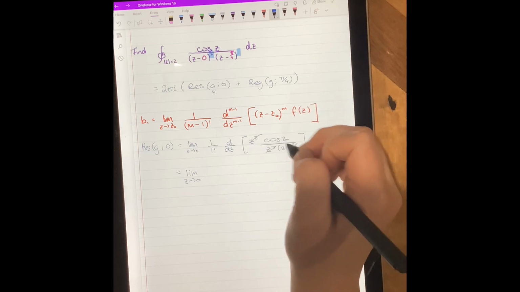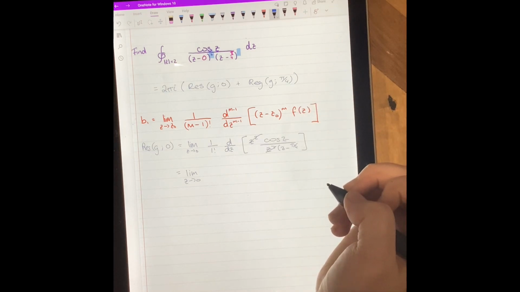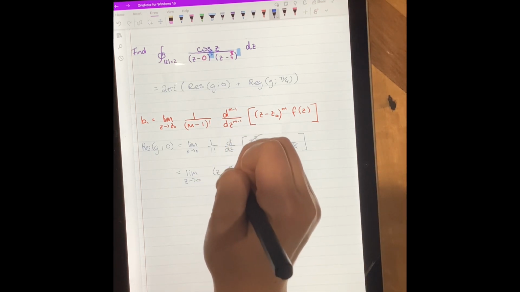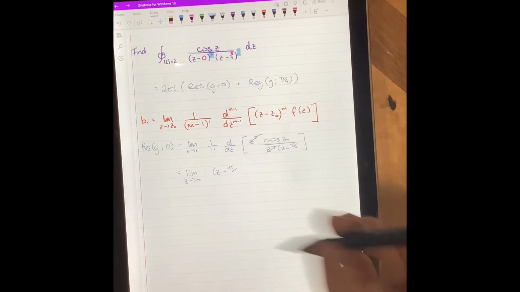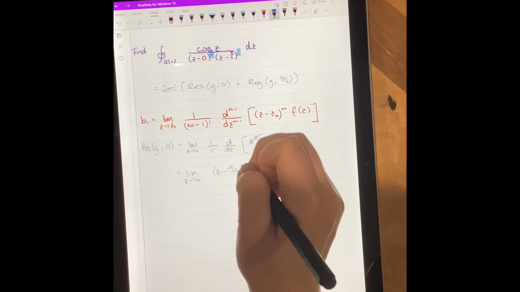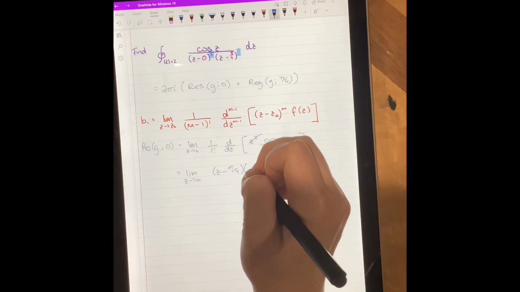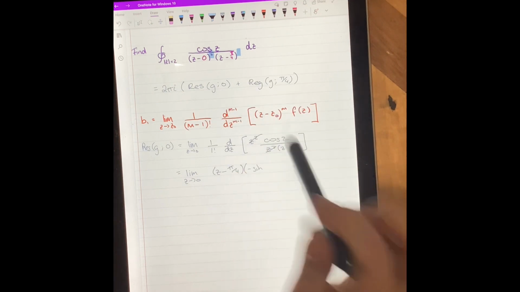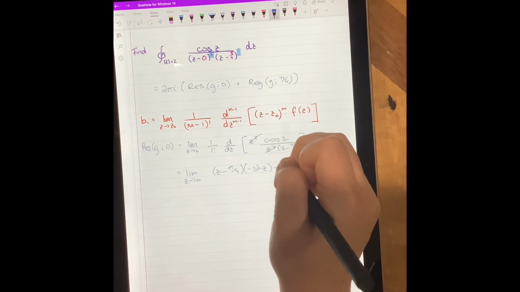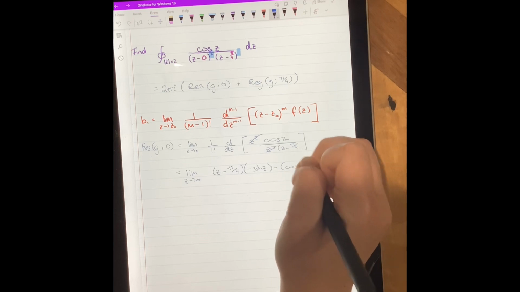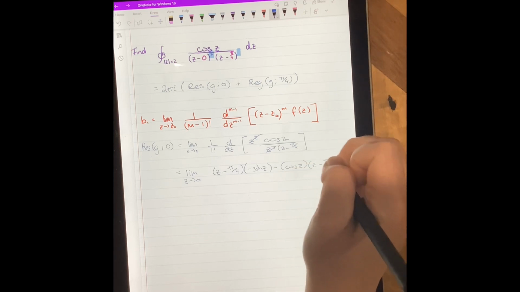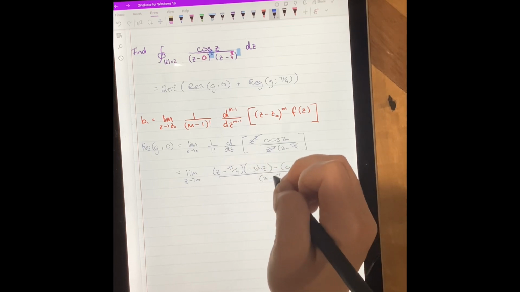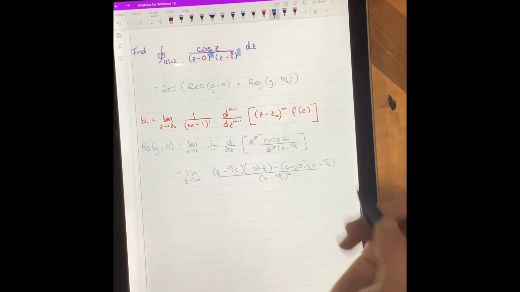Those two terms will cancel, and then it's just the quotient rule, which is z minus pi on 4, times the first derivative of cos, which is negative sine z, minus cos z, all over z minus pi on 4 squared.